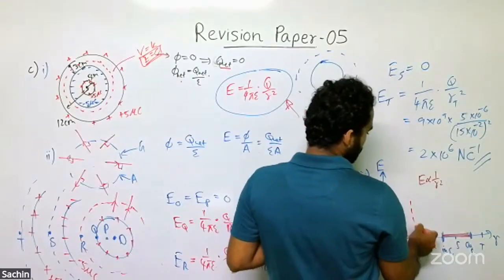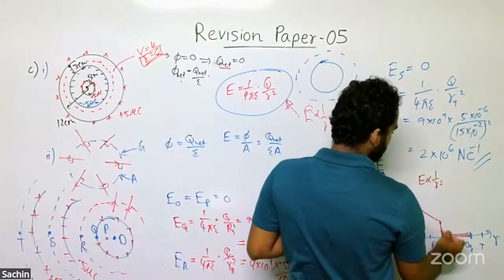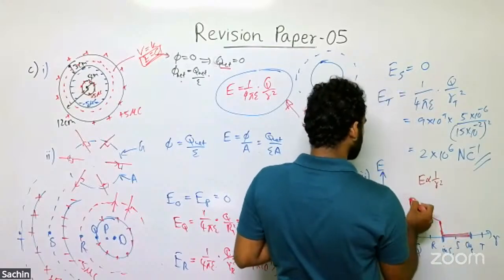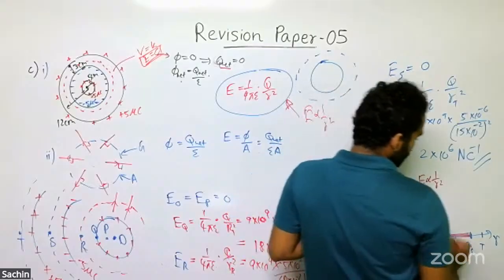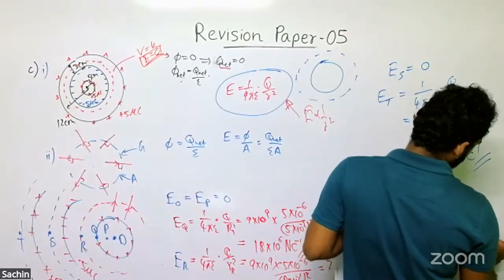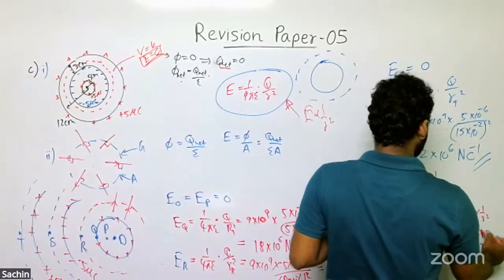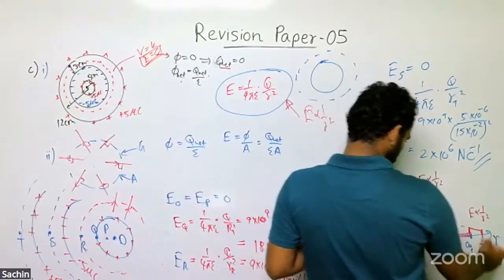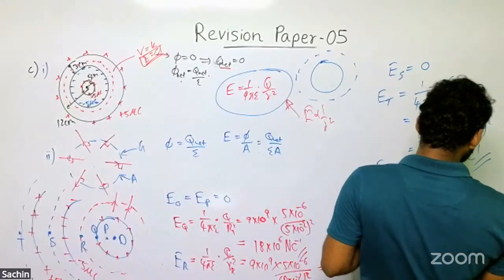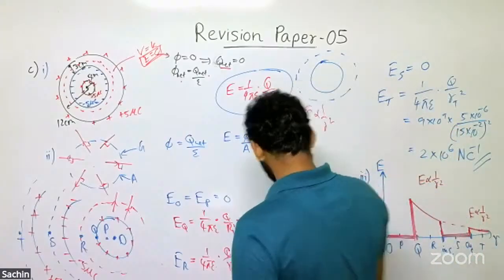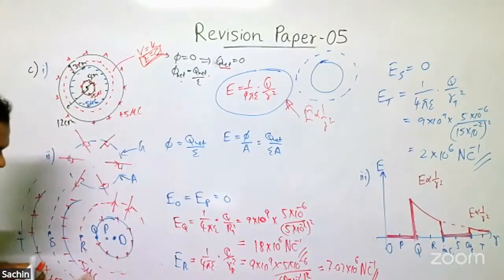So the variation should be something like this, the 1 over r squared curves we learned in the class. And these vertical lines you should also have drawn like this. And then the same 1 over r squared variation is followed just after this point as well. If you have drawn this shape correctly, then you should have obtained all the marks. Okay, so this is the proper variation.